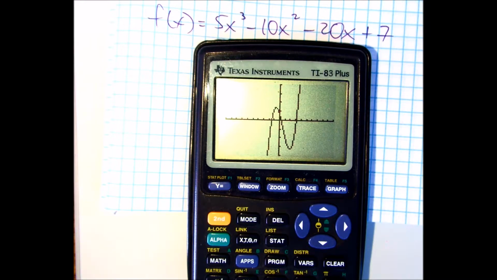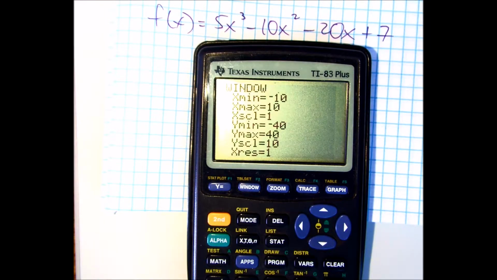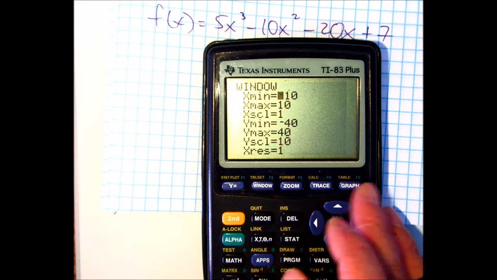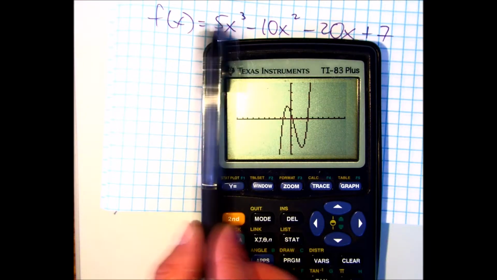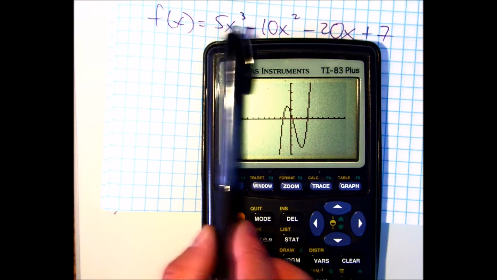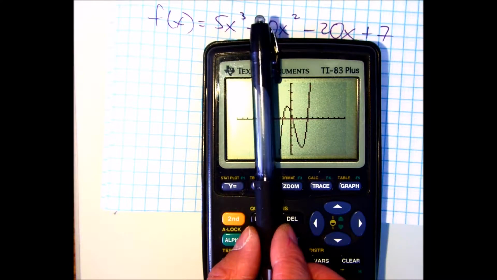Jose, what did you change on the x values? So, Jose, we don't need as much. Here, my pen is showing x equals negative 10. If I trim it to this part, which would be what?